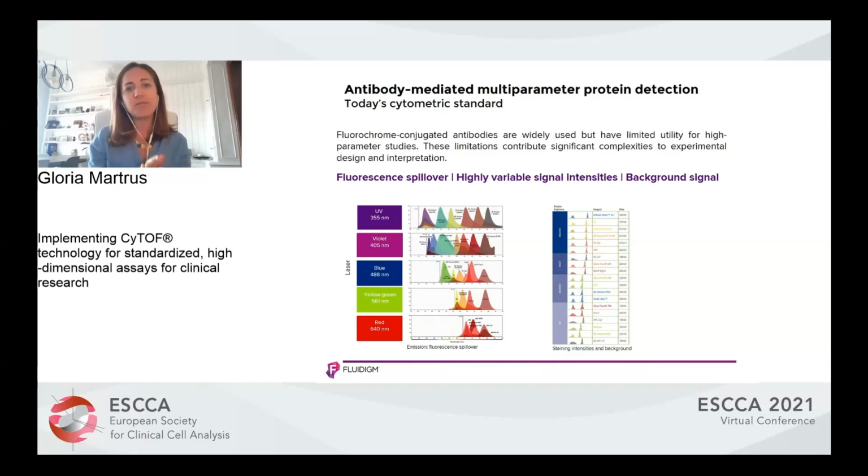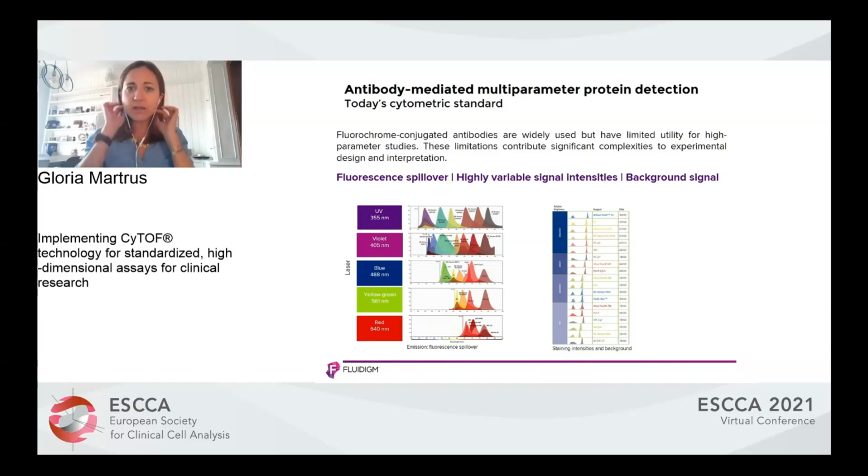When we excite the fluorochrome with the laser, the signal that it emits will not be perfectly accurate, but will have spillover signals that get one into the other. There are some strategies to avoid that, but still it's not perfect. And hence, this is why you need to do compensation. You will need to use a lot of tubes for compensation on that.